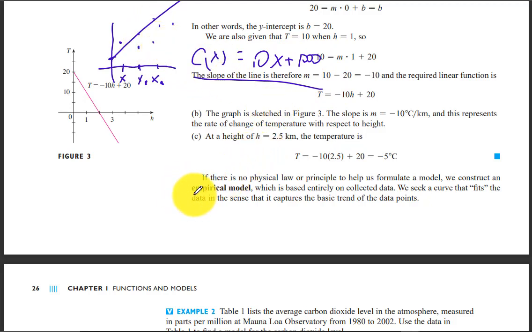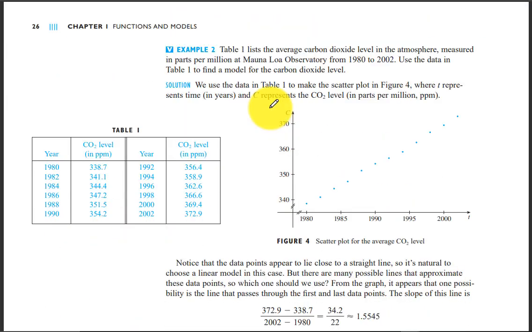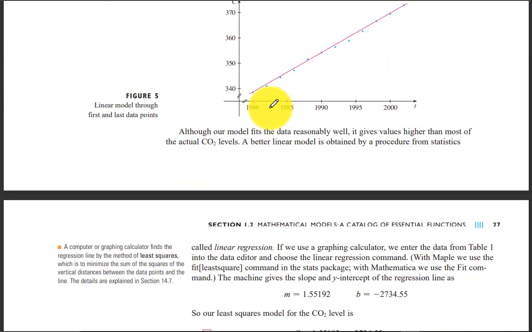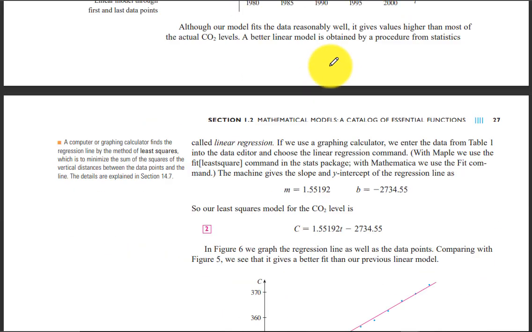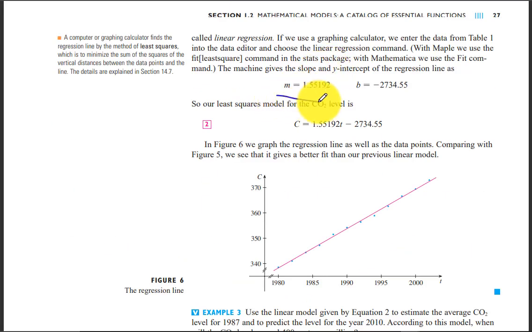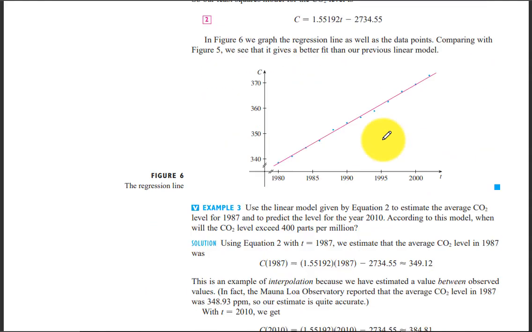That's called an empirical model. It means it comes from data as opposed to some kind of physical law or some kind of principle that gives you a theory of what it should be. If you don't have such a theory, you might just look at the data and fit a line or a curve to that data. So that's what they did here. So they come up with an m and a b.